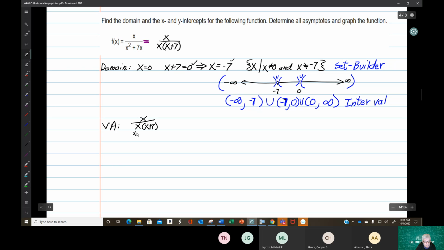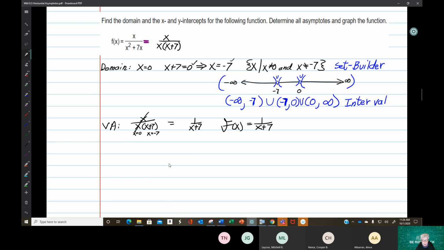And this gave us x equals 0. And this gave us x equals -7. Well, I've got to cancel. Boom. And I'm left with 1 over x plus 7. So now our function is going to be f of x equals 1 over x plus 7.